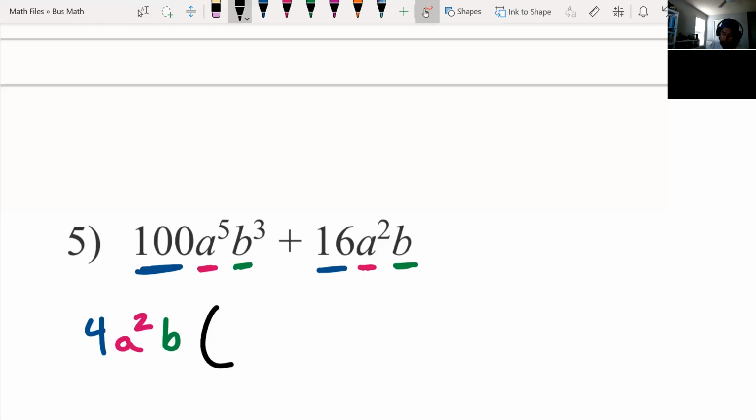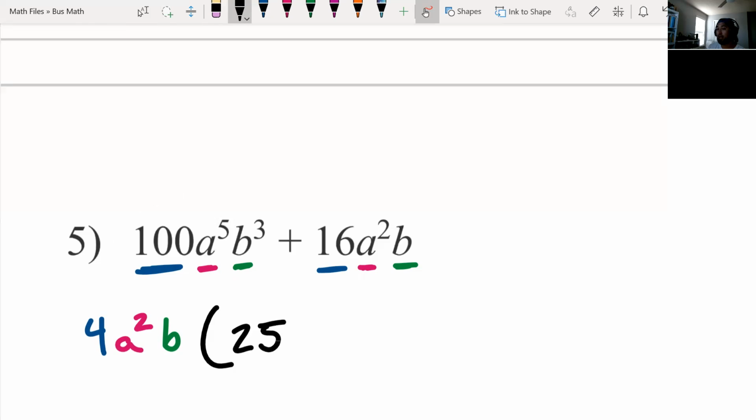And now 4a squared b from 100a to the 5th b cubed. What's 4 factored from 100? 25.